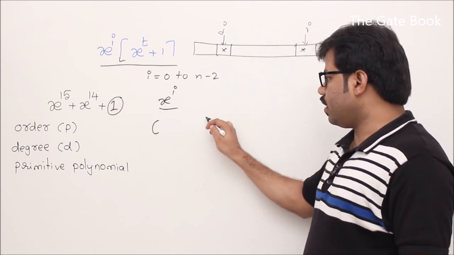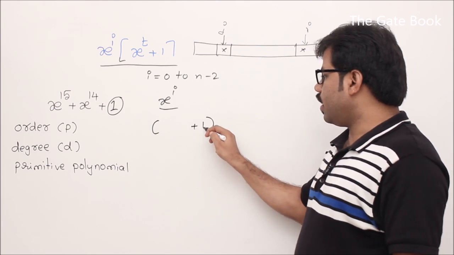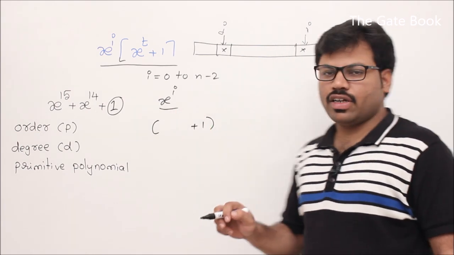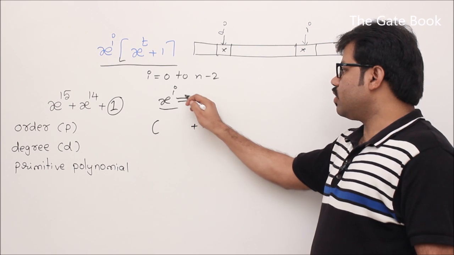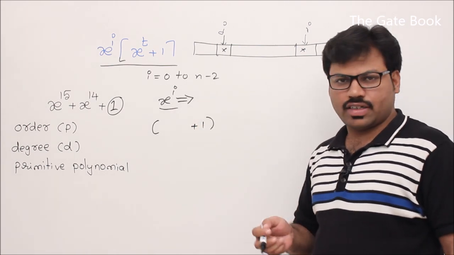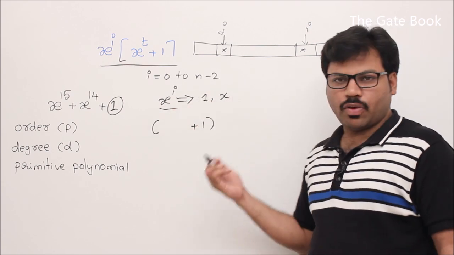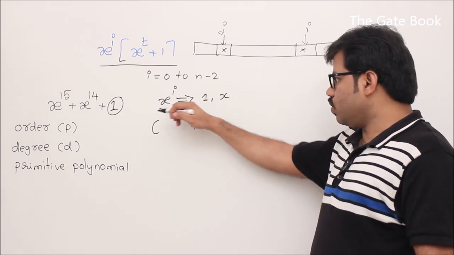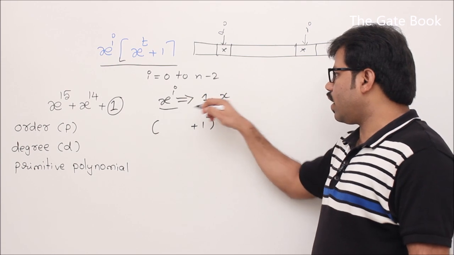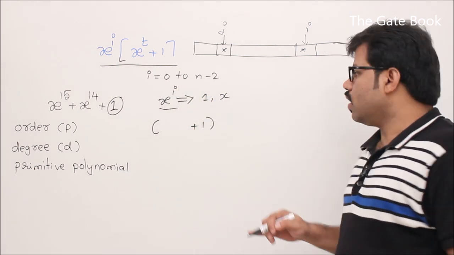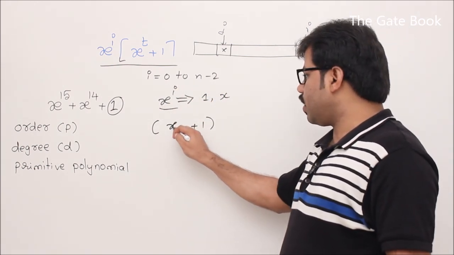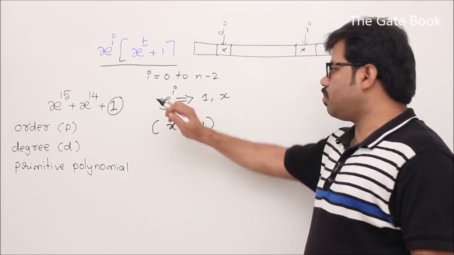For example, you have a generator, it has plus 1, then definitely it can't divide x power i. I will tell you the reason. x power i is divisible by only two factors. One is 1, one is x, right? So if you want to write x power i, we should use only 1 and x, because only these two can divide x.